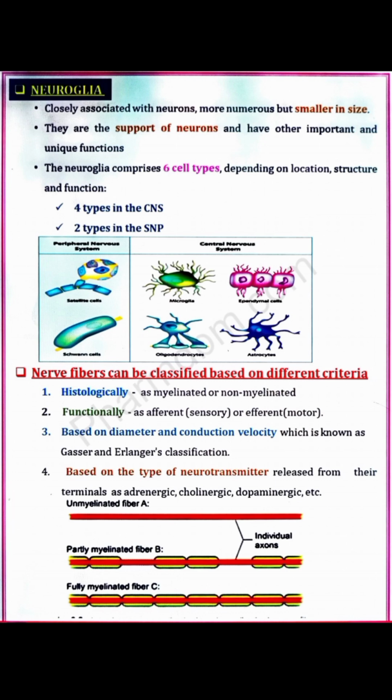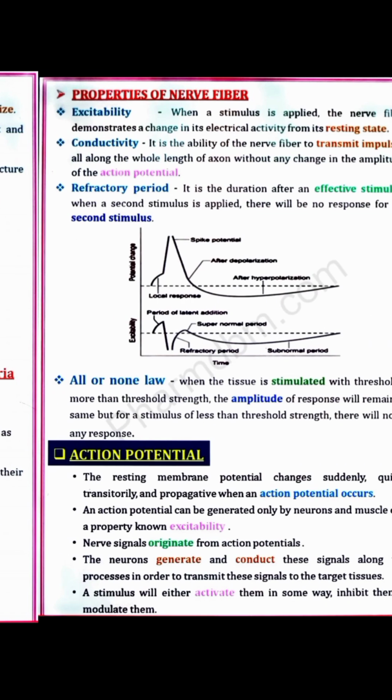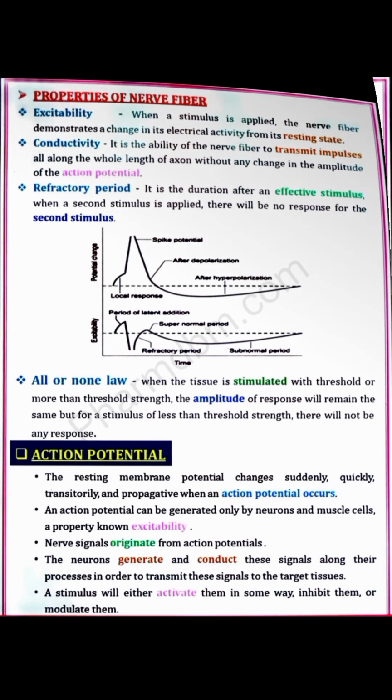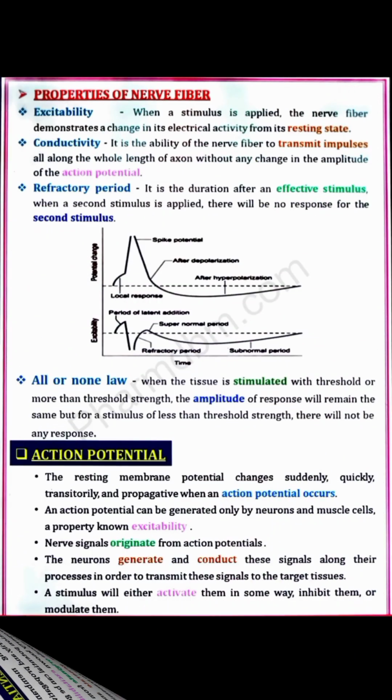Fourth one, based on the type of neurotransmitter released from their terminals, as adrenergic, cholinergic, dopaminergic, etc. There are 3 examples of nerve fibers given below. First one is unmyelinated fiber A, partially myelinated fiber B, fully myelinated fiber C. Between A and B, we can see the individual axons.